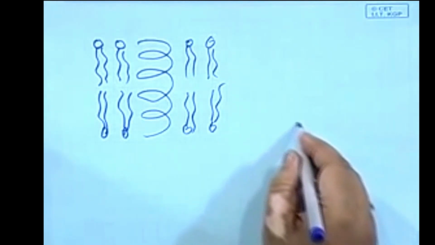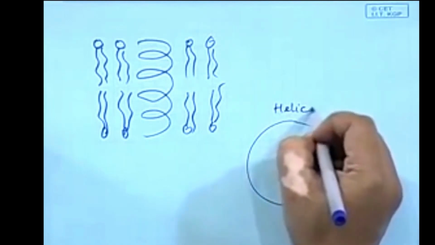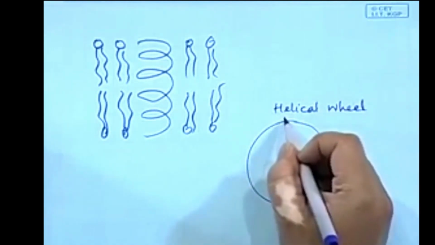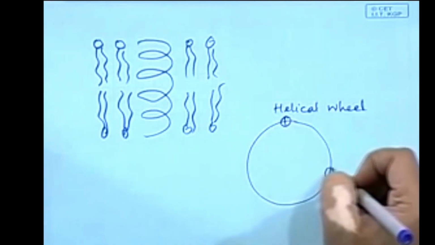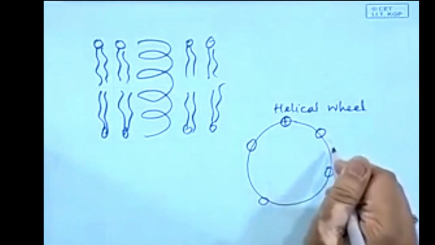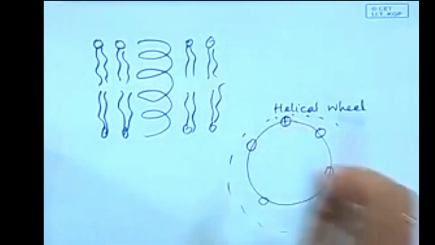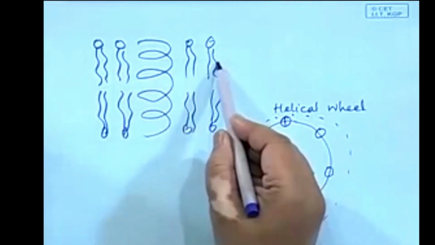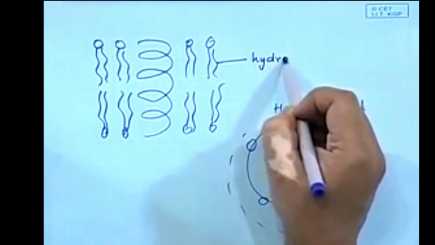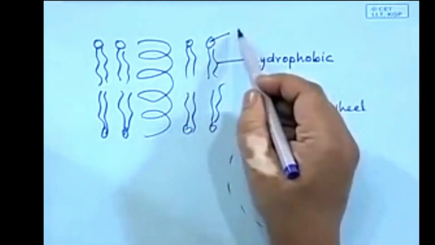Say my helical wheel, and I have my different residues, say 1, 2, 3, 4, 5 and so on and so forth. What do I expect on the surface here? What are these? Hydrophobic. What are these? Polar.